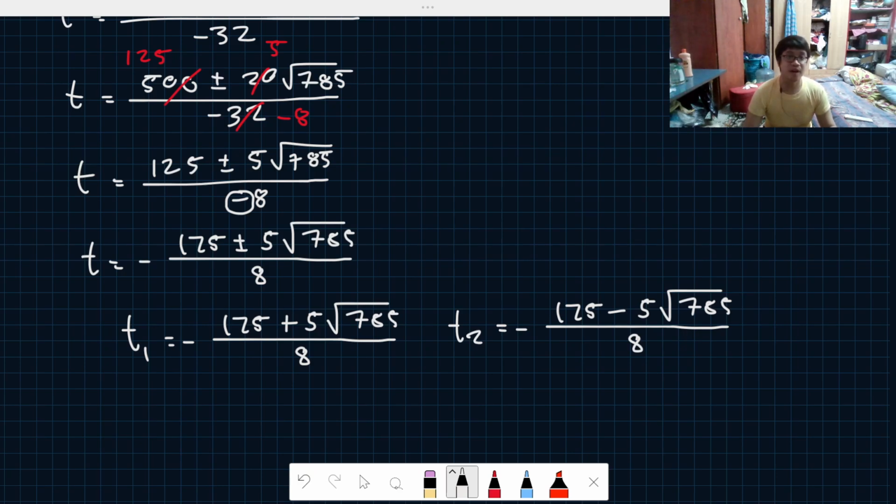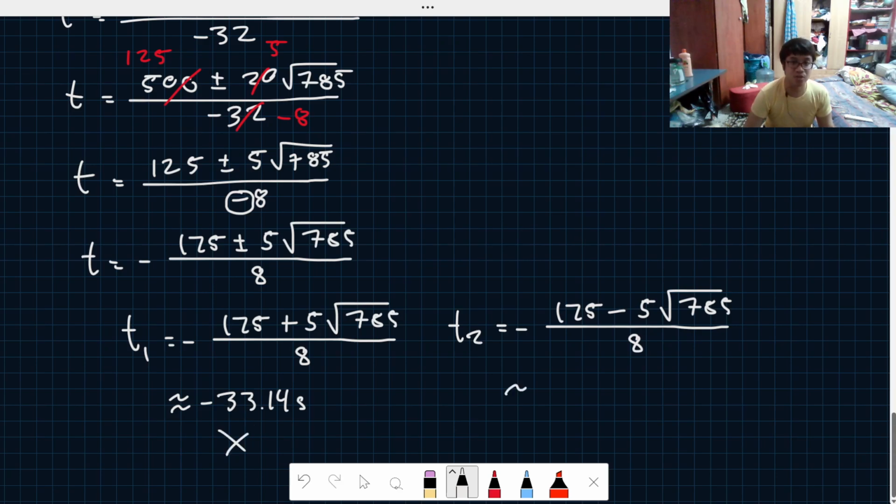For the first t value, where you have 125 plus 5 square root of 785, you get approximately negative 33.14 seconds, which is wrong. We're not going to use this. Now let's take a look at the second value for time.